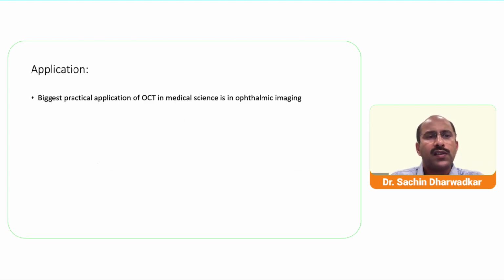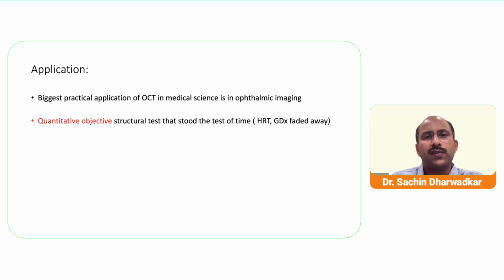The application of this technology is the biggest application of OCT in medical science, and that is in ophthalmic imaging. It is a quantitative, objective structural test that has stood the test of time, where HRT and GDx have fizzled away with the passage of time. OCT has just stayed, become stronger, and evolved into a very, very structured branch.